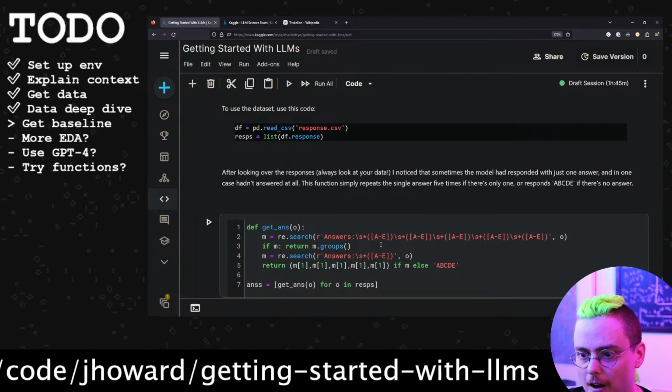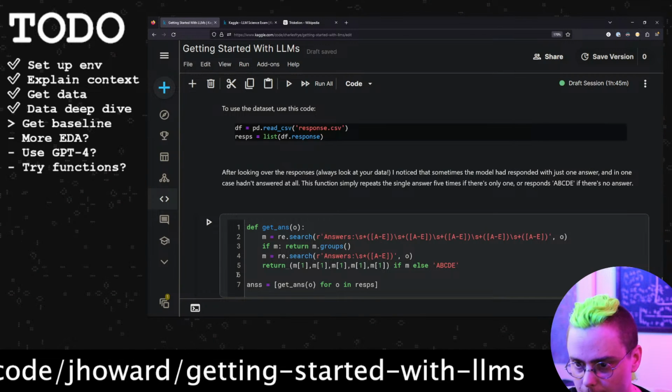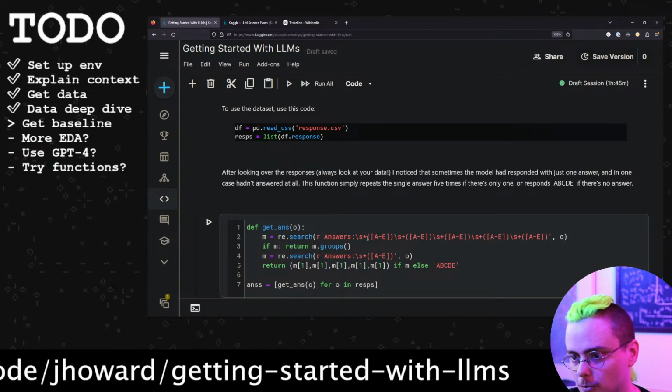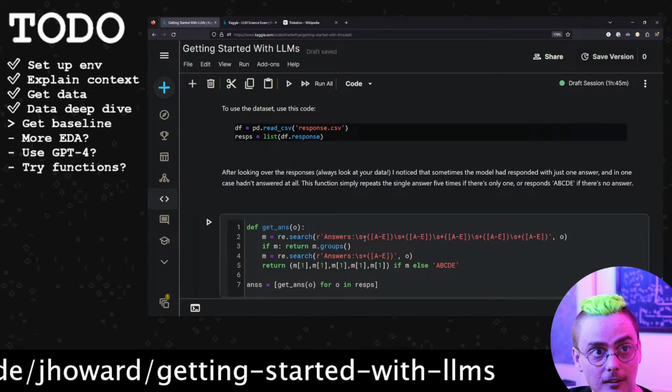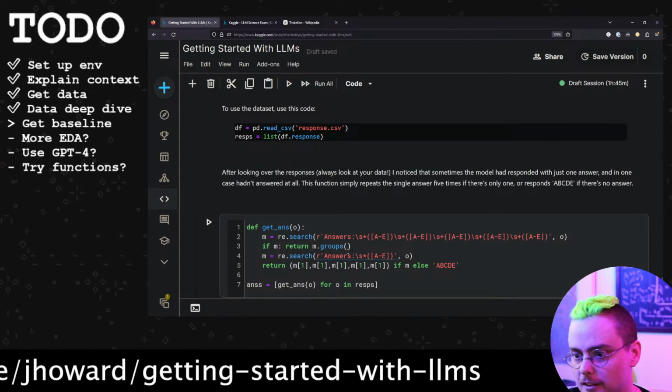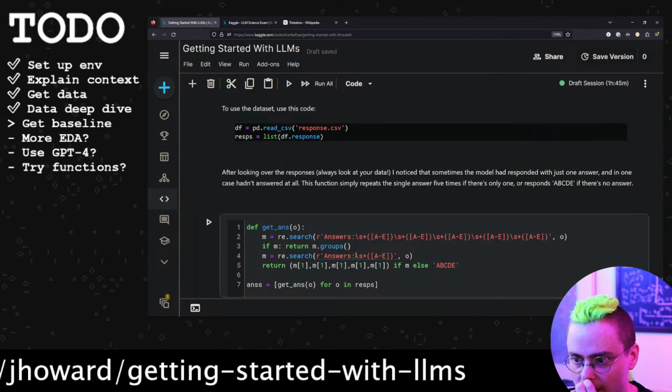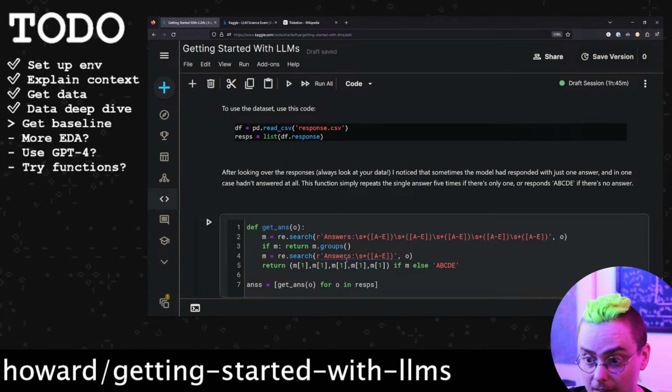Otherwise, the model has done something wrong. The most common thing it does wrong is it doesn't give the 5 ranked answers, it just gives one, its favorite answer. And if that's the case, then we just repeat that answer 5 times.